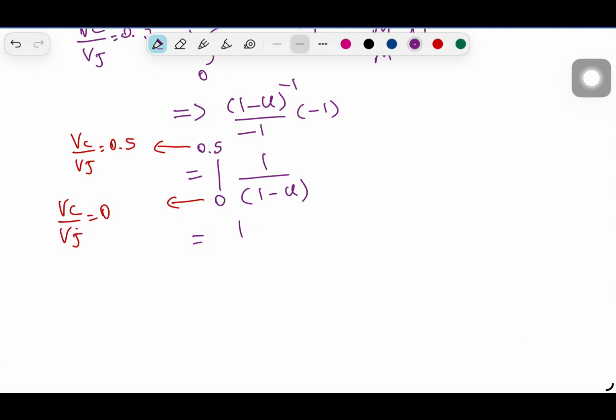So from here, we will get 1 over 1 minus 0.5 minus 1 over 1 minus 0, and this gives 1 over 0.5 minus 1. So from here, we will get 1.